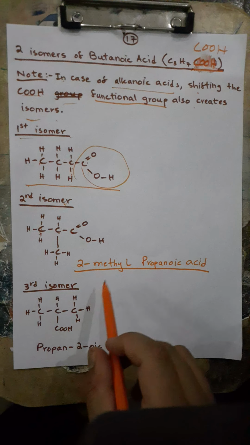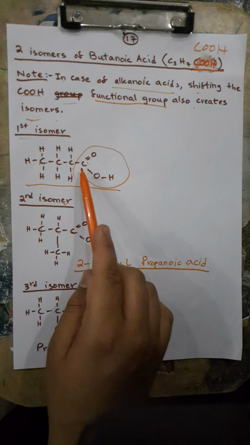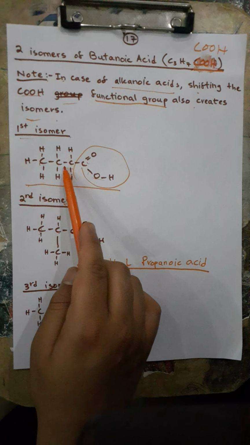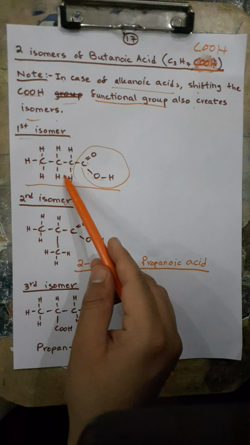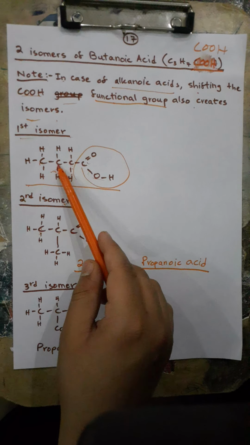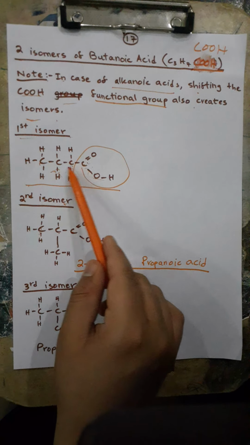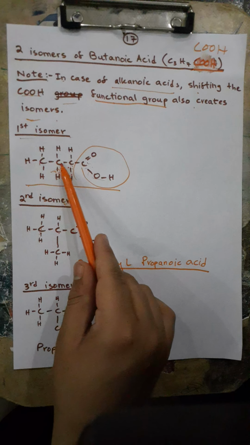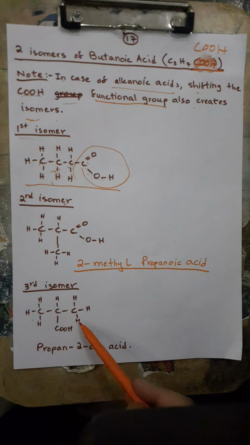And then third isomer: we are gonna shift this whole COOH group and bring it over here to this carbon atom. As it is attached to this carbon atom right now, we're gonna take it over here and attach it to this carbon atom, so it would make this structure.